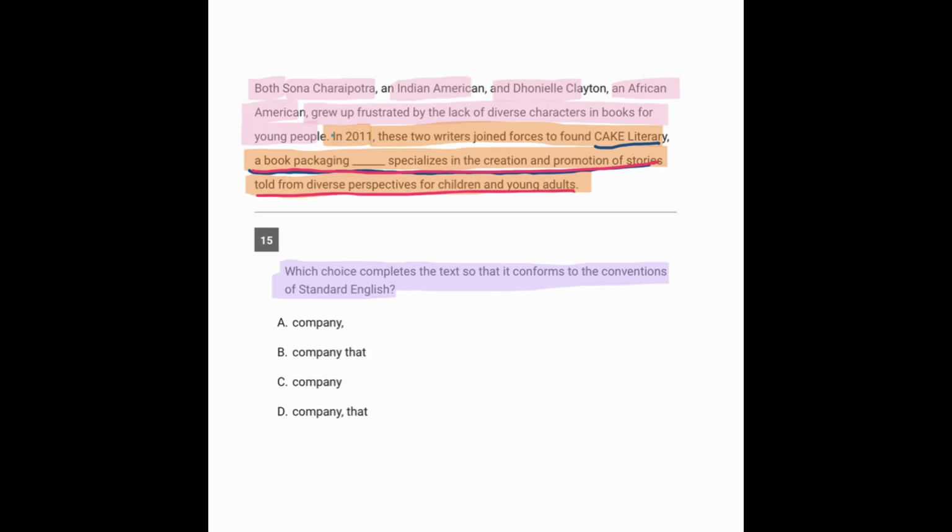And this part that I'm underlining in blue right now is another modifier. Those are both modifiers. This part right here, that's our independent clause. So the whole sentence is here to tell us that these two writers joined forces to found Cake Literary. And we have two modifiers, two add-ons. One of them says, by the way, this happened in 2011. And the other one says, by the way, Cake Literary is a book packaging company that does a bunch of stuff.